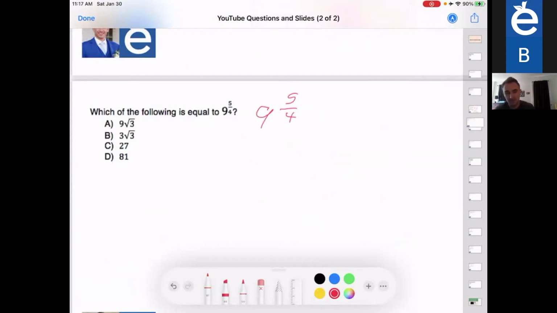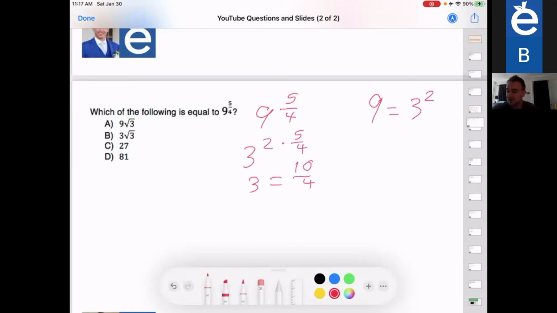Just like we did in one of those first or second radical type problems, we want to consider that 9 term in a more simplified base. So we know that 9 is equal to 3 squared. So if I substitute that in here, I get 3 squared to the 5/4. Let me rewrite that. 2 times 5 is 10 over 4.